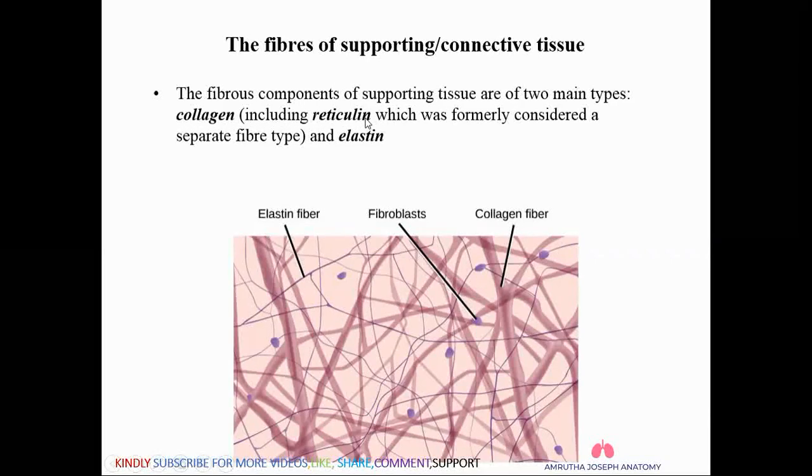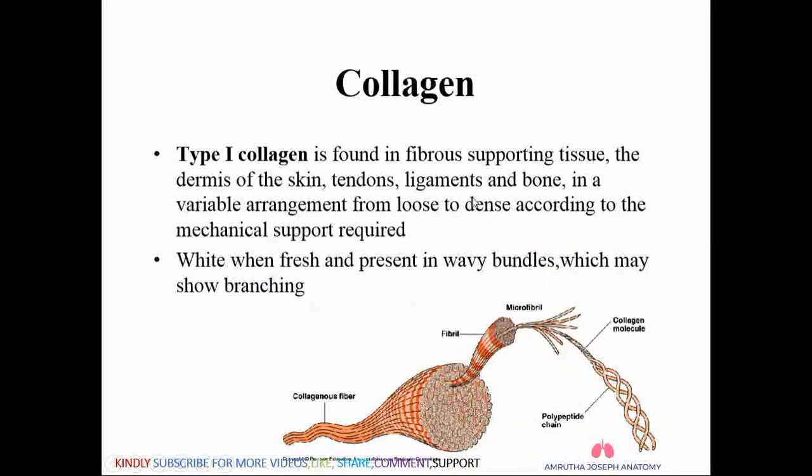Reticular fibers are a type of collagen fiber. Now there are different types of collagen fibers, but we are not going to describe everything. Let's describe very shortly type 1 collagen fibers. There are type 1, type 2, type 3, like that. You have a lot of collagen fibers. Now we are going to consider type 1 collagen fiber.